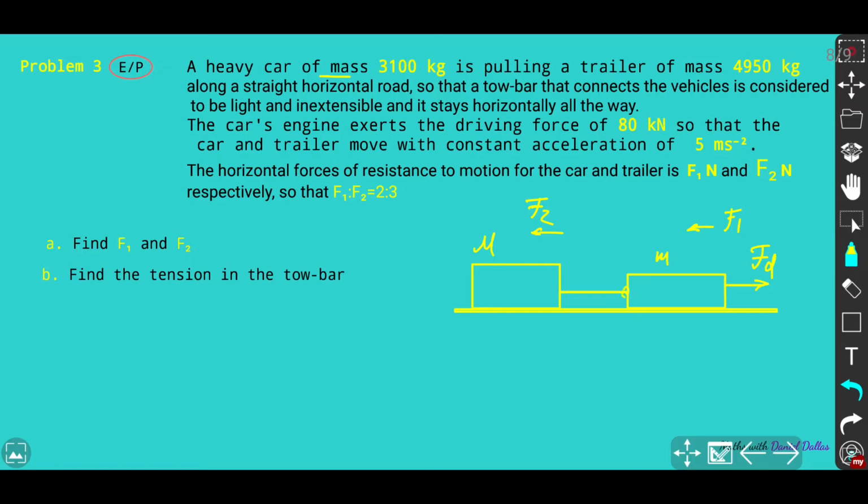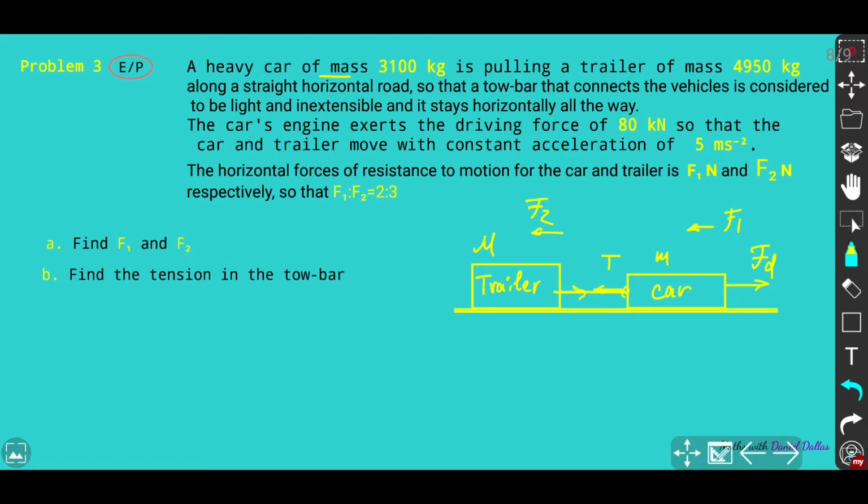There is also a tension force. The trailer actually pulls a little bit on the car, so that's why the tension force is obviously directed in that way. This is for the car, and for the trailer the tension force is still the same.